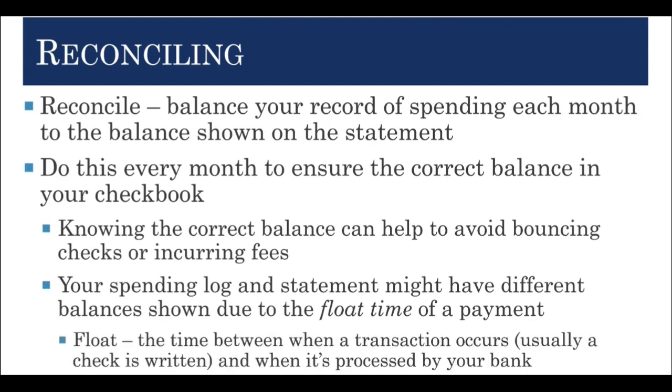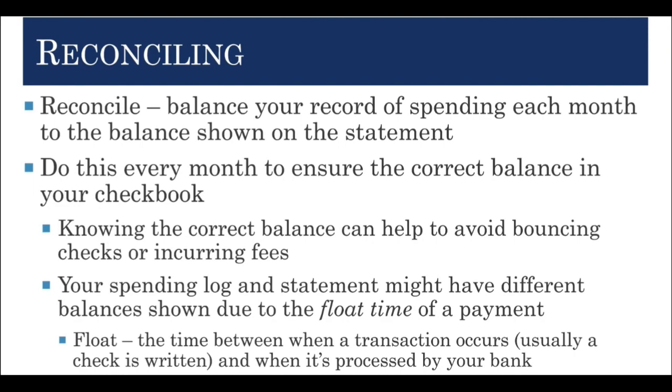So the float is any time between when a transaction occurs. Usually when you write a check, but it doesn't have to be. It could be, you use your debit card and it doesn't show up online until the next day, or maybe the statement is printed today, goes out in the mail, and I get it in 2 days. But at the time that it was written, I hadn't used that card, but now I have, right?